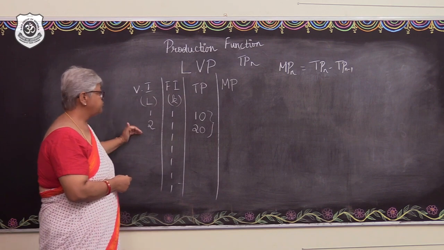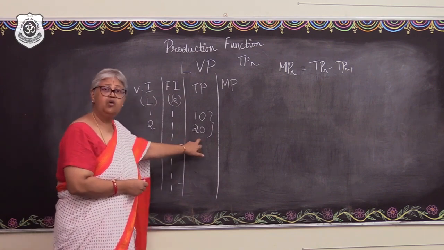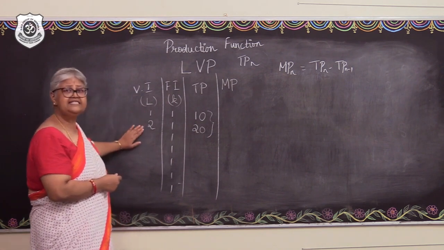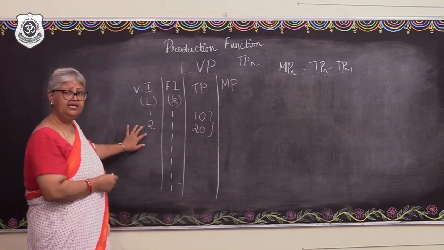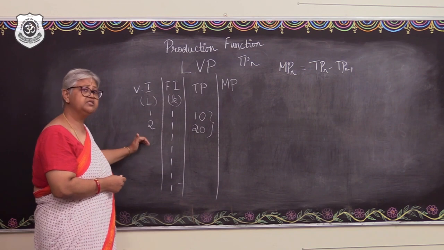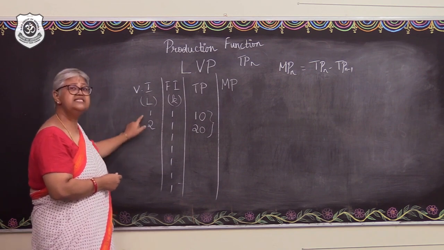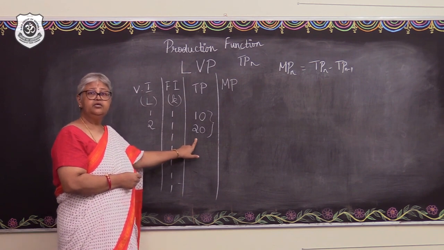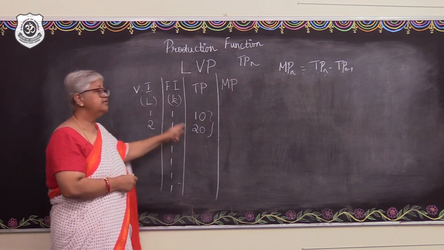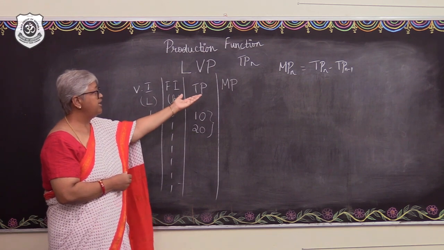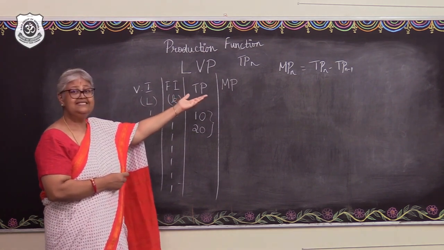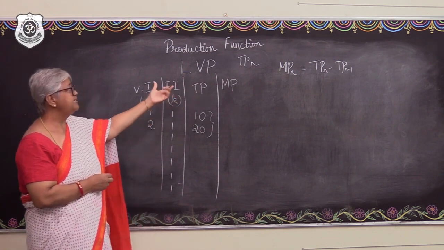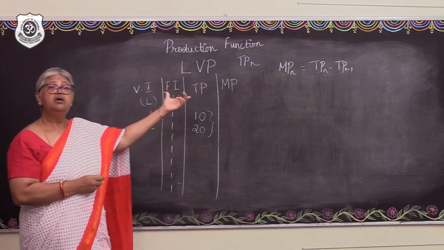Now, to move on to the next level of output, that is 20, one more additional unit of variable factor is employed in the process of production. So, due to this increase, there is a resultant increase in the total product. So, the marginal product is calculated as TP(n) minus TP(n-1), assuming that TP is the total product.